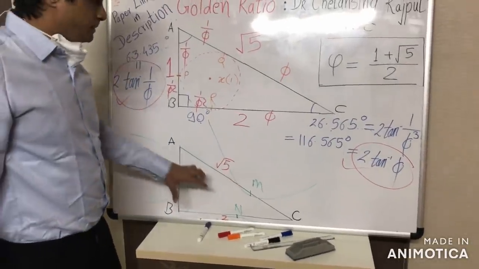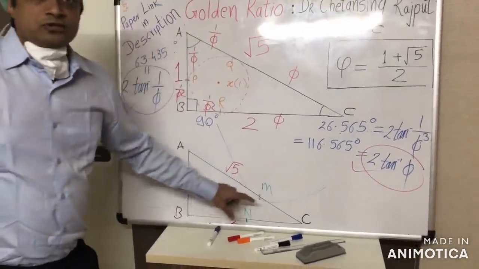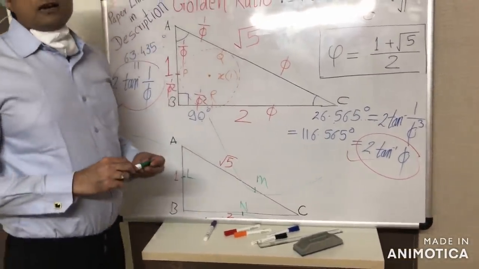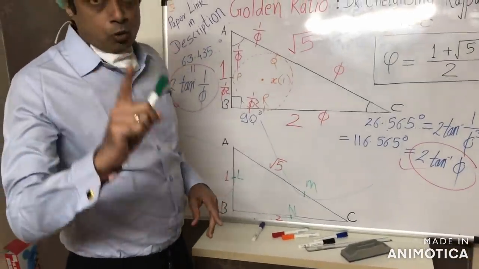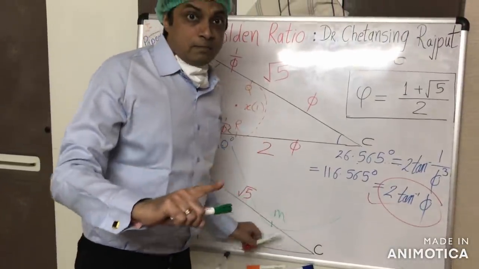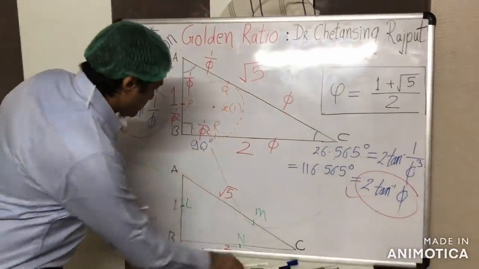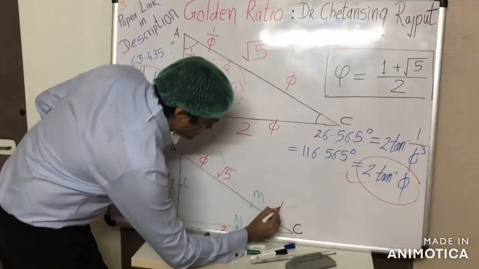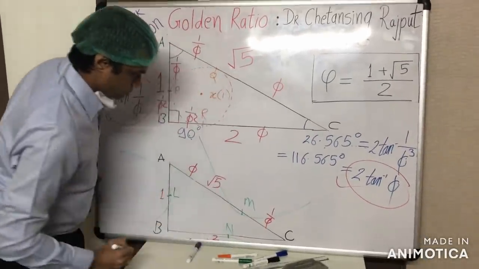Touch points of the excircles means these are also the vertices of the Nagel triangle. These points L, M, N also divide the triangle sides in terms of the golden ratio, but this time exactly in inverse manner. Like now this distance AM is equal to phi and MC is the inverse of the golden ratio.